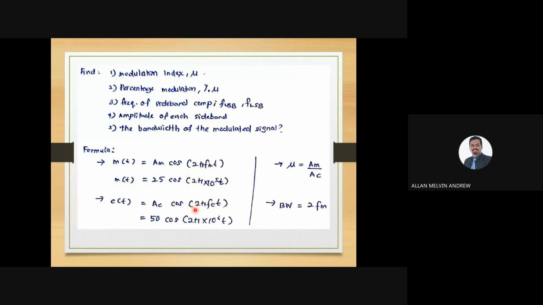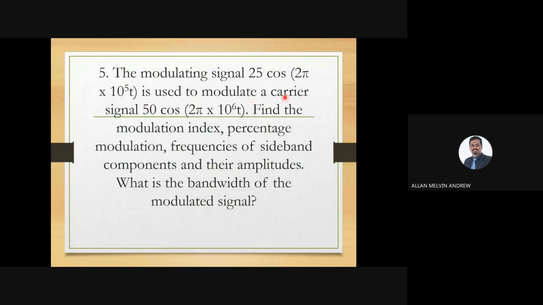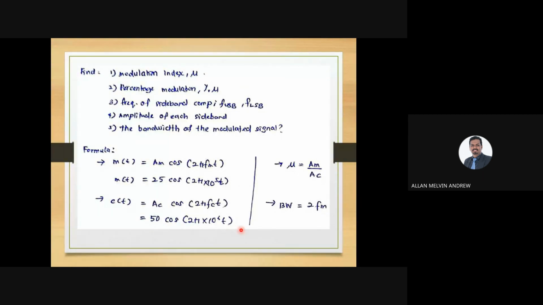In the question, the carrier signal is 50 cos 2 pi times 10 to the power of 6 t. So you write it down and compare. AC is 50, and FC is 10 to the power of 6.